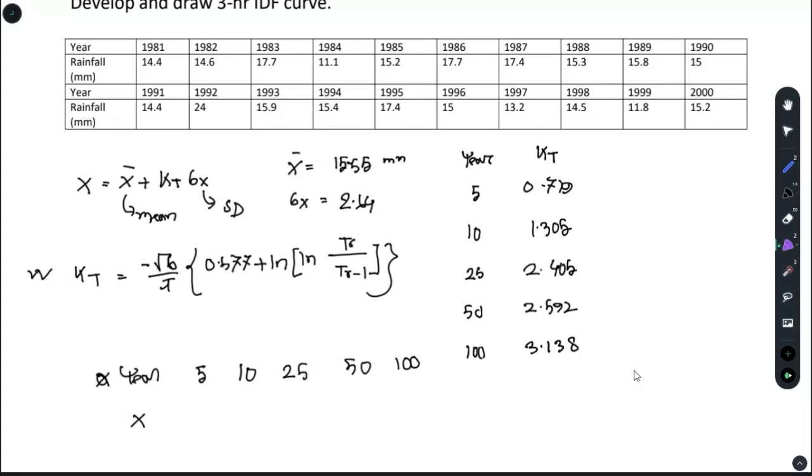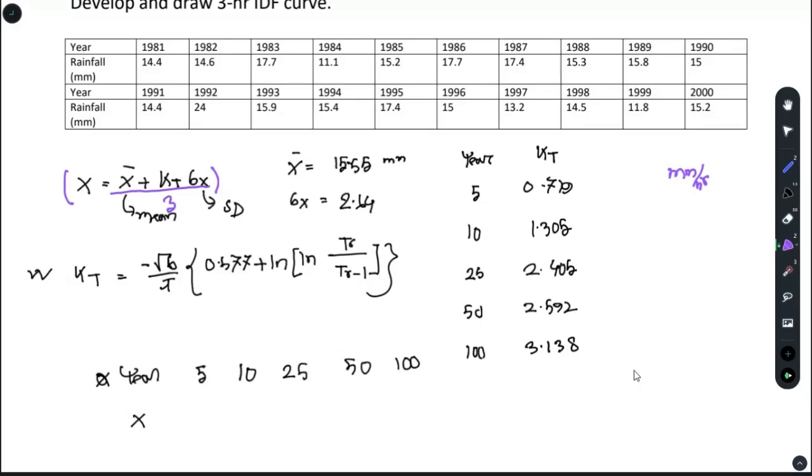Keep in mind that the rainfall occurred over 3 hours, but when we draw the IDF curve, we'll draw it in millimeter per hour. So we'll divide this value by 3 to get it in millimeter per hour.